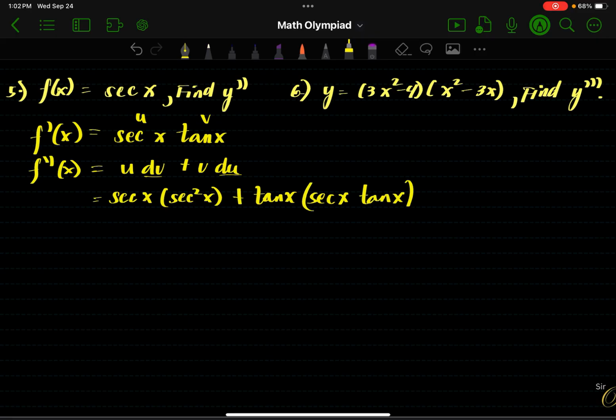Okay, so copy u, then the derivative of v, copy v, then the derivative of u, then simplify. So we have secant cubed x plus secant x tangent squared x. And that is the answer, the second derivative.